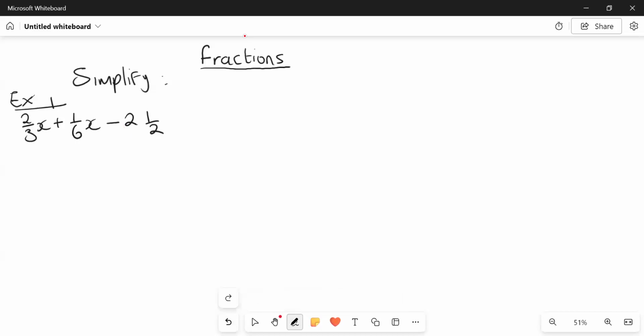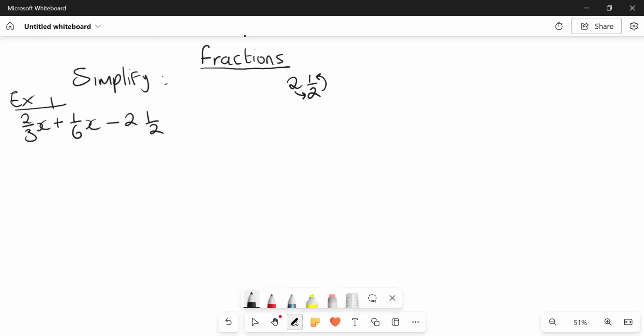So before we even continue, let's first convert that mixed fraction quickly. So we have 2.5, sorry. Now how do we convert? We say 2 times 2, and then the answer you got, you add it with that 1.